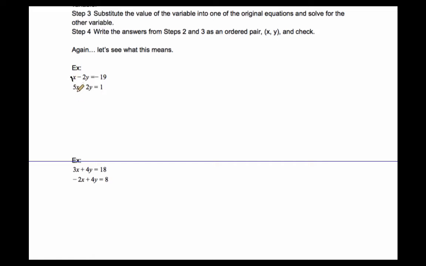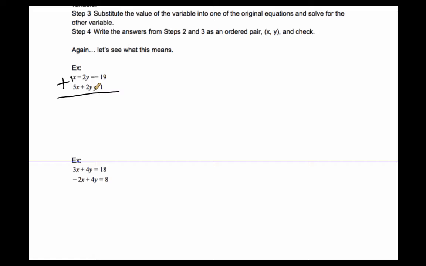No, 1 plus 5 is 6 and 1 minus 5 is negative 4. That's not going to work. Let's move to the next one, negative 2 and a 2. If I add or subtract those, will I get 0? Yes. Do I need to add or subtract? I need to add. Negative 2 plus positive 2 is 0.